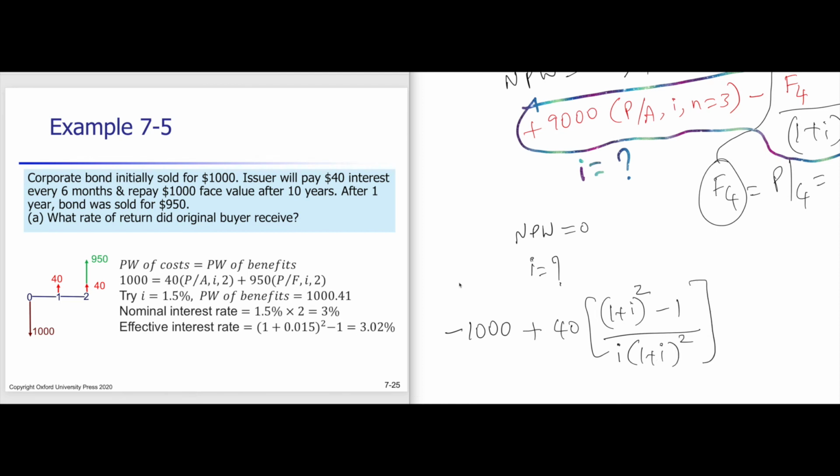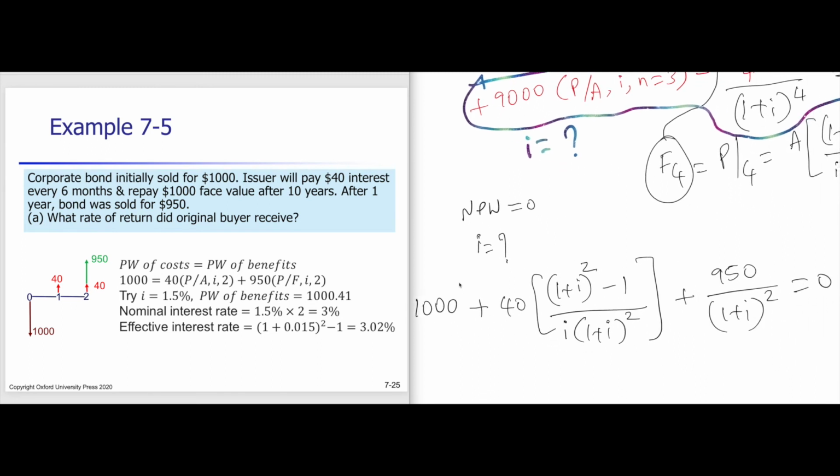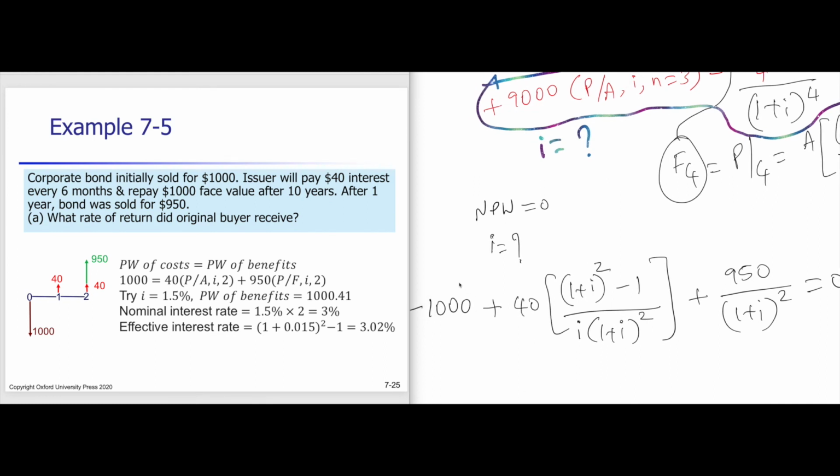Then we have to convert future to present, and that's positive. So future is 950 over (1 plus I) to the power 2, and the sum is equal to 0.